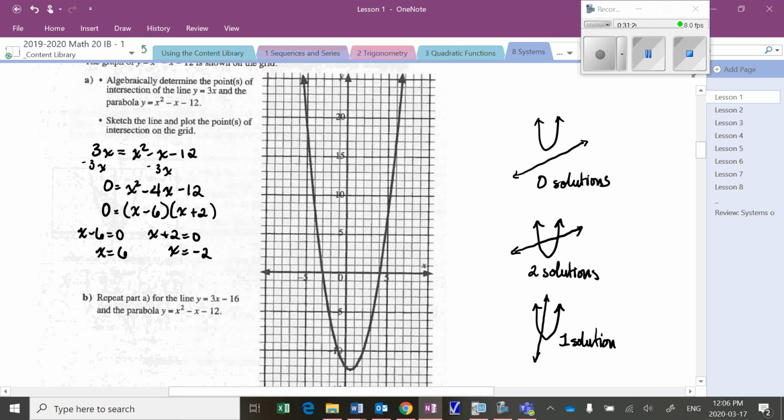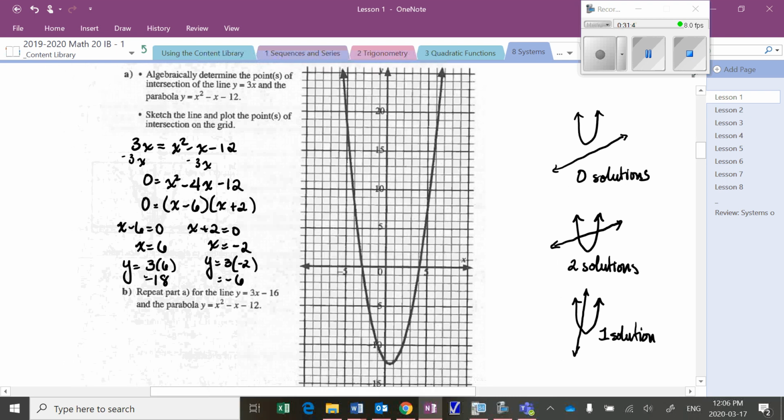When we substitute those in, because y equals 3x, so y equals 3 times 6, which is then 18. And in the other case, y is equal to 3 times negative 2, which is y equals negative 6. So our points of intersection, and whoops, I've run out of space here, then would be 6 and 18, as well as negative 2 and negative 6.